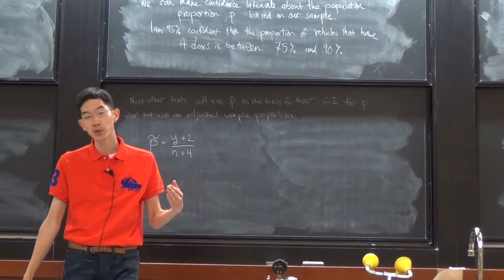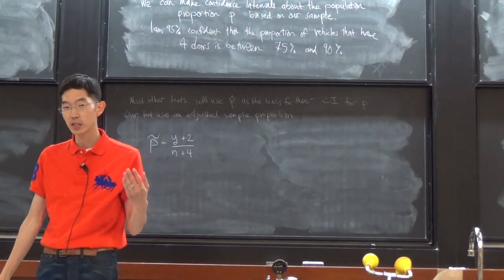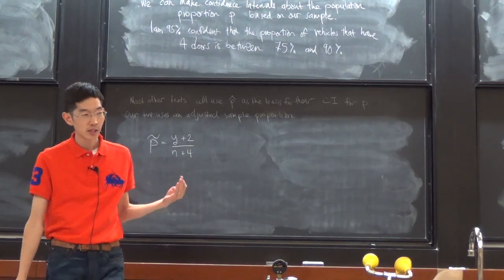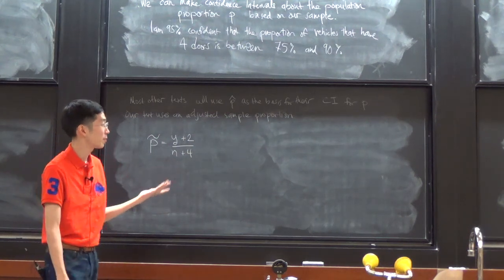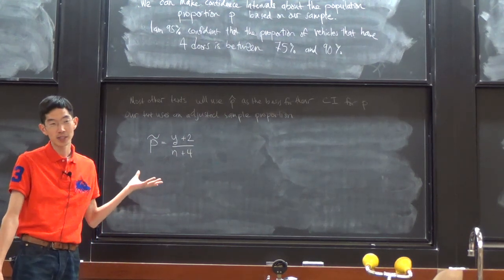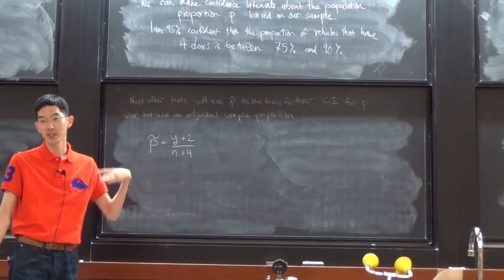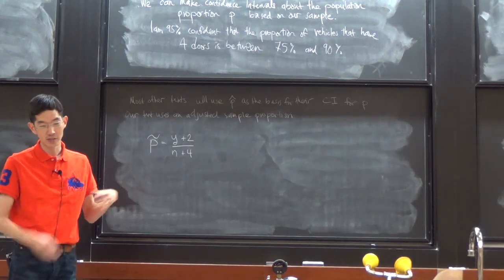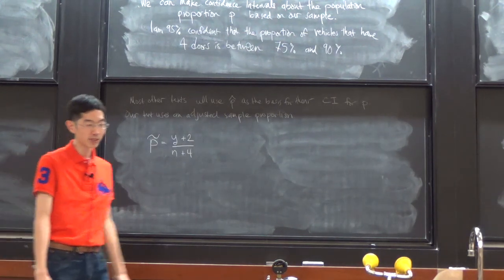So your sample proportion, your p hat, is 0, and our formulas fall apart when you find a proportion of 0, because then your standard error is 0, and you have no confidence interval.